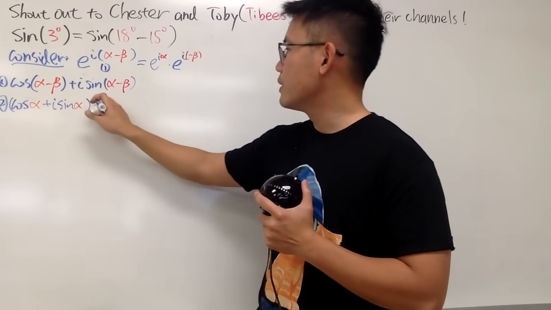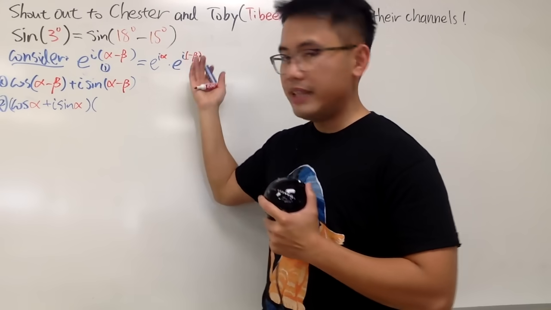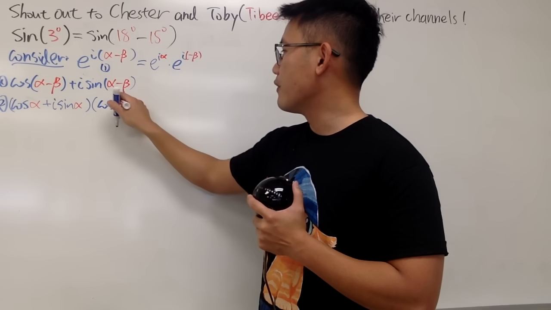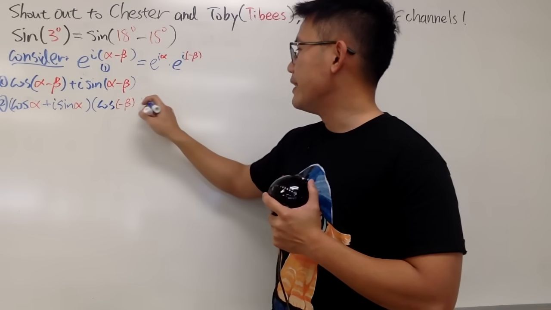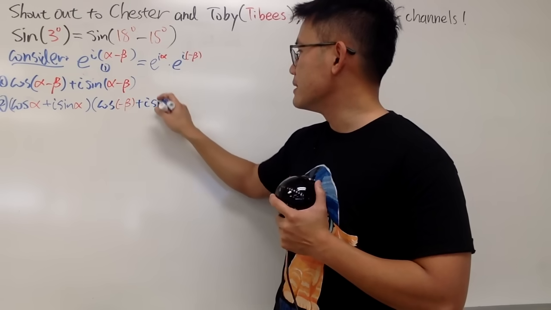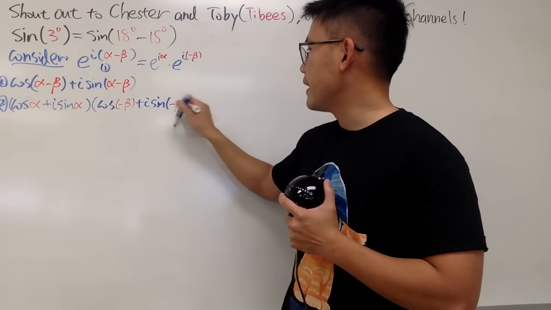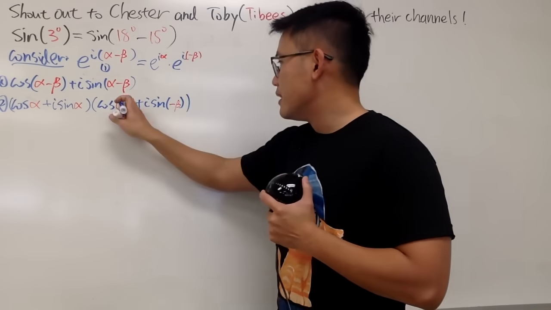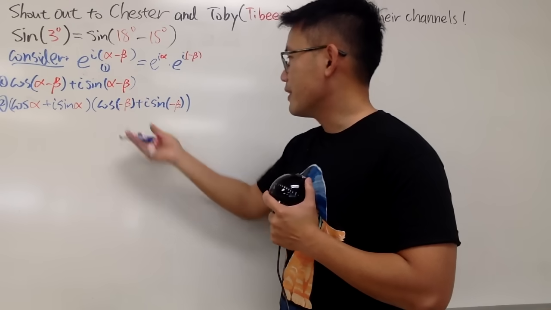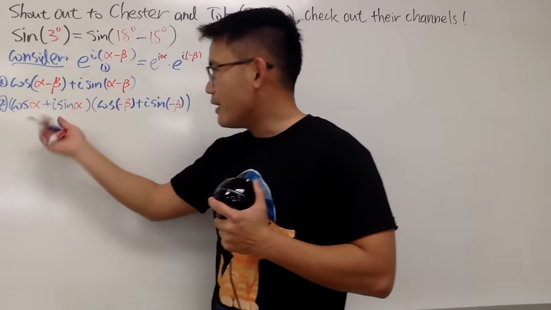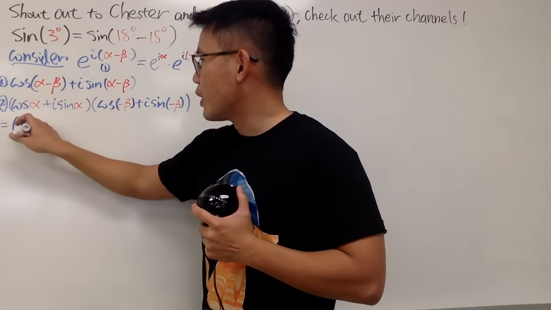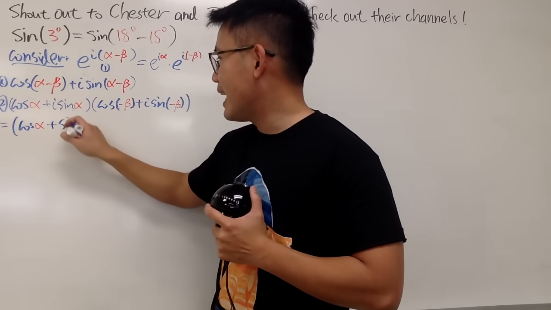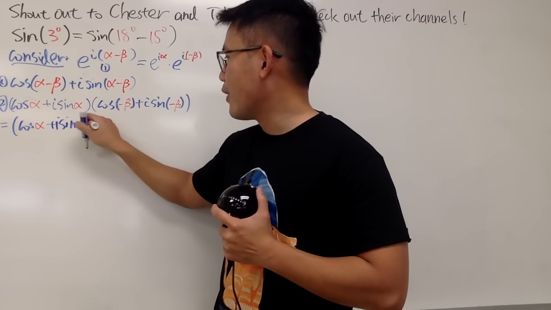Now, for this one, we'll multiply. We have the angle being negative beta, so here we have cosine of negative beta, and then we add i times sine of negative beta, like this. Now, we can simplify this a little bit. This is equal to cosine alpha plus i sine alpha.